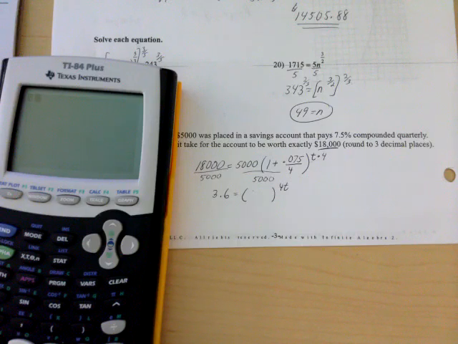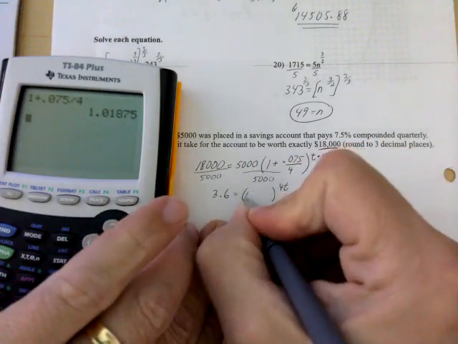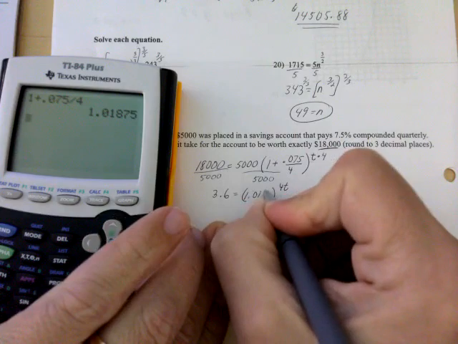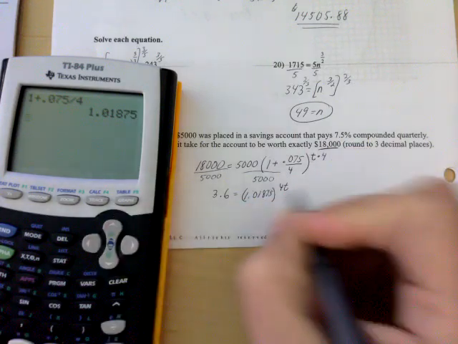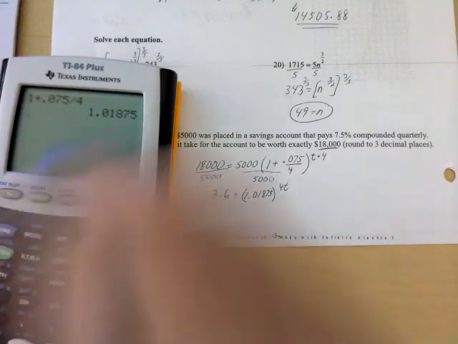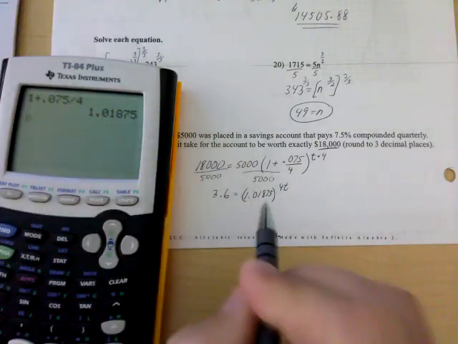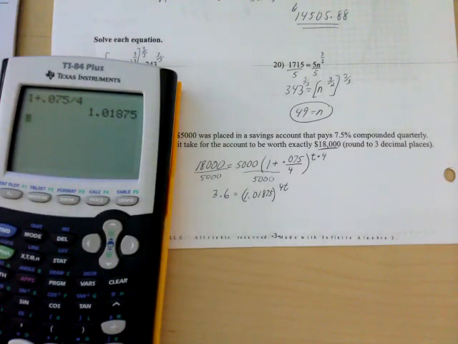So it's 1 plus 0.075 divided by 4. And we get 1.01875. Okay, and I'm just going to leave that. Don't round that number. I want to have an accurate answer.